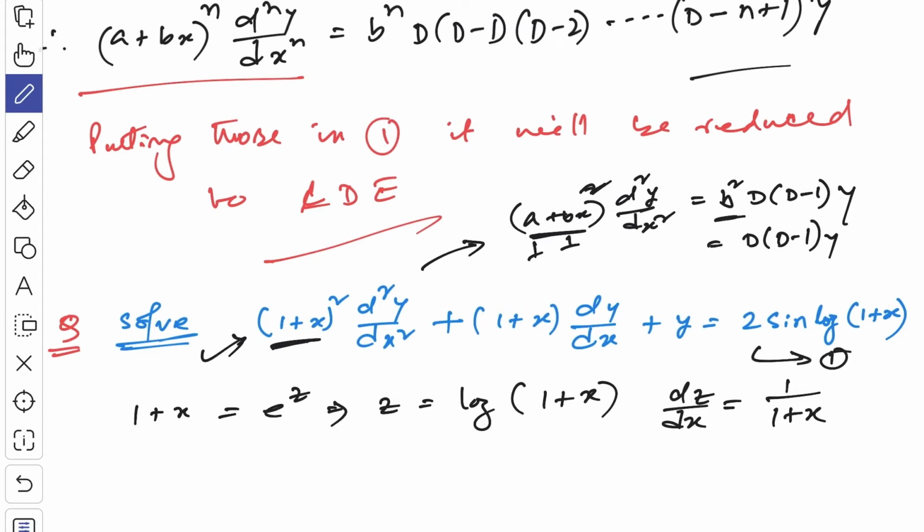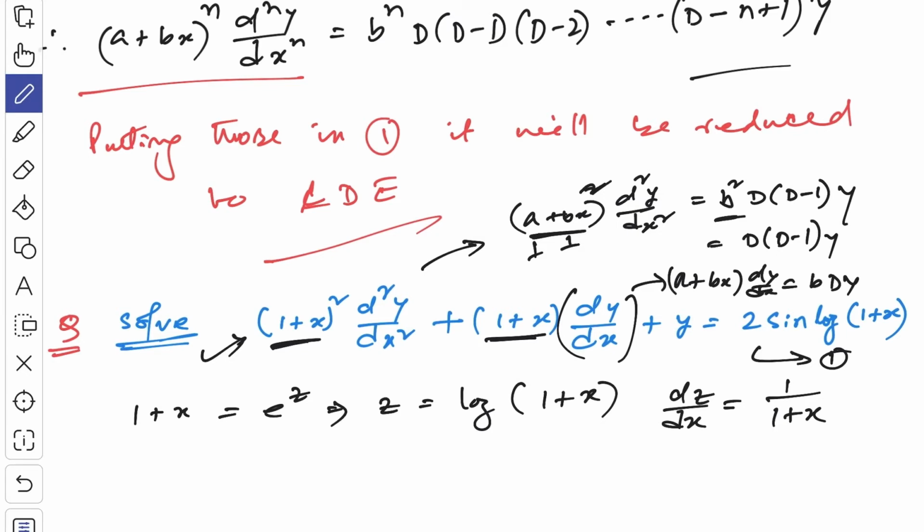Let me take this as equation number 1. Similarly, this term (1 plus x) dy by dx can be compared with (a plus bx) dy by dx, which is nothing but b into Dy.